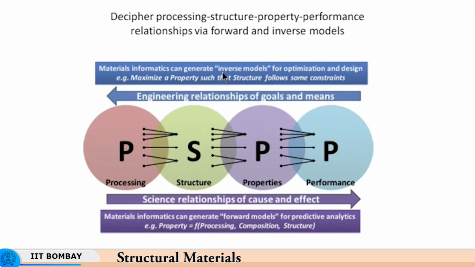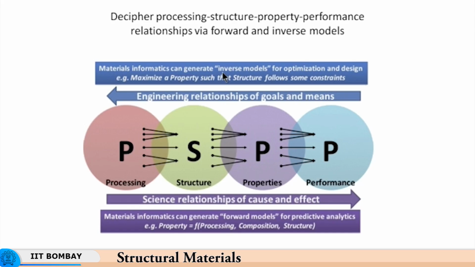So, what we do is that material informatics can generate inverse models for optimization and design. So, you maximize a property such that structure follows certain constraints. You either start from the property. Now, this is processing, structure, property and performance. So, you have performance in mind and then you translate that into properties, and properties have to be arrived at through structure.